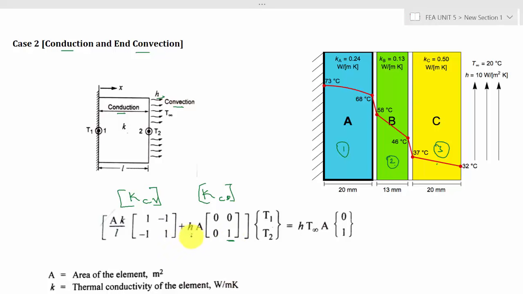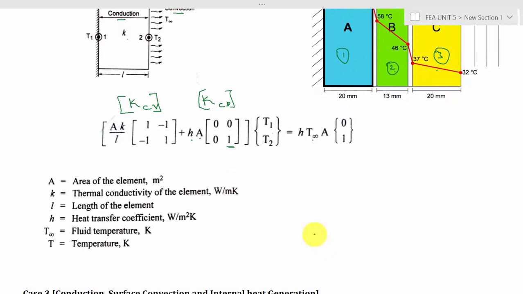Here h is the heat transfer coefficient and A is the cross-sectional area. And here this is the force vector, h T alpha A, where T alpha is the atmospheric temperature. I'm going to substitute the area in meter square, thermal conductivity in watt per meter Kelvin, and temperatures in Kelvin.